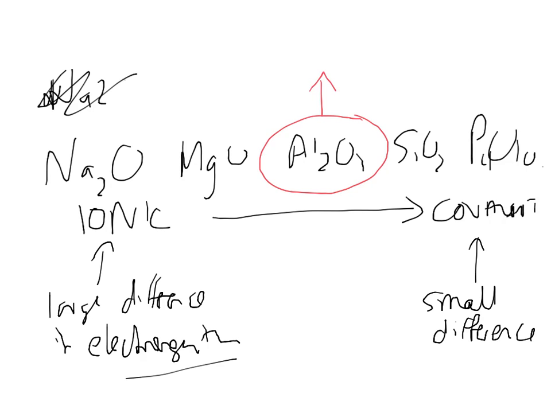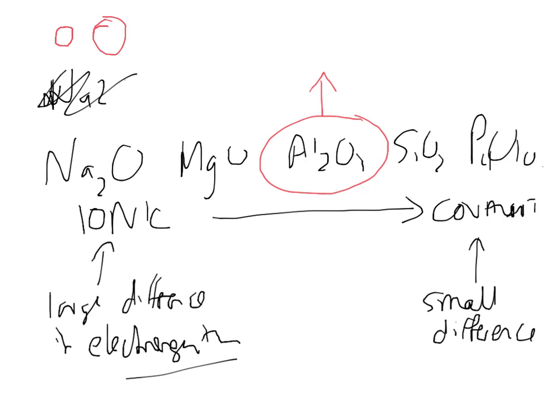So aluminium, as you go from sodium to magnesium to aluminium, the atomic radius gets smaller, and so what you're creating is something that can get much closer to the oxide ion. So here you've got sodium and oxygen.